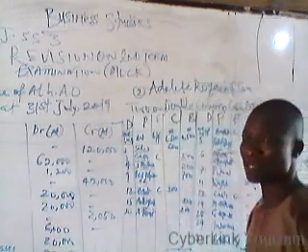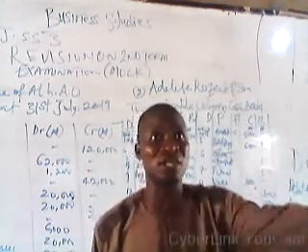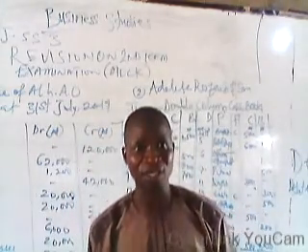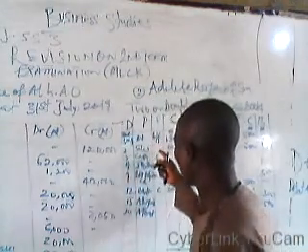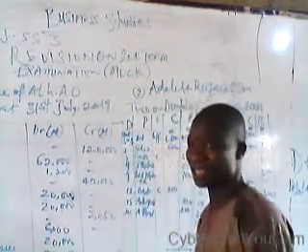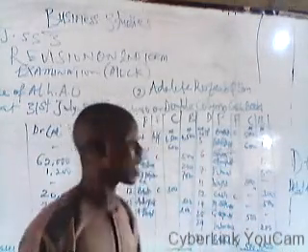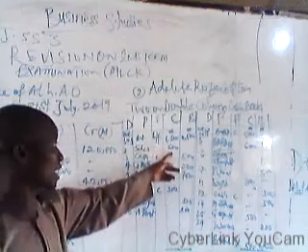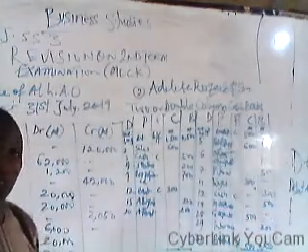The principle of double entry says for every debit entry there must be a corresponding credit entry, that is, debit the receiver, credit the giver. Debit values in and credit values out. In cash sales, the money is coming into the business. That's why we have to debit it, because we make sales and the money is coming to the business.